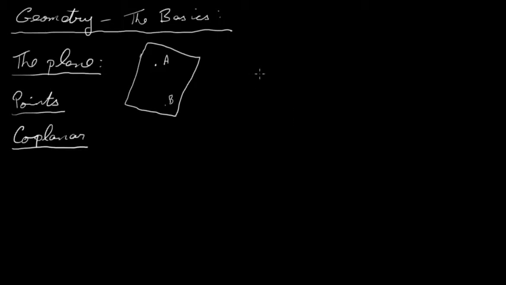The next thing I'm going to have a look at is a line, or the line. Now a line is just something like this. It's straight, and let's say it goes through 2 points X and Y. So it goes on indefinitely in this direction and this direction here through the points X and Y. So this is the line XY.